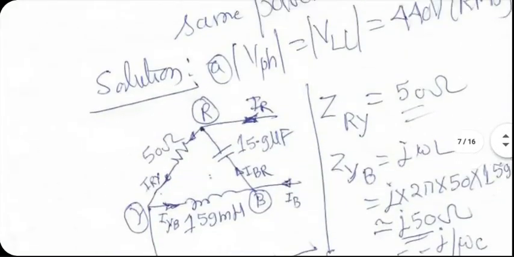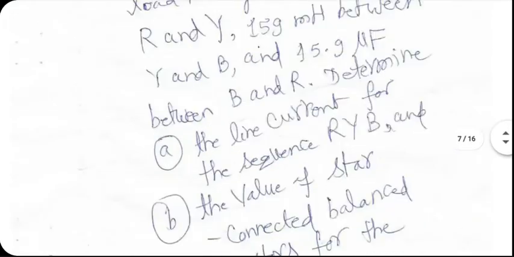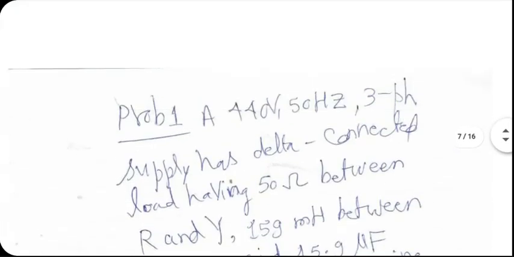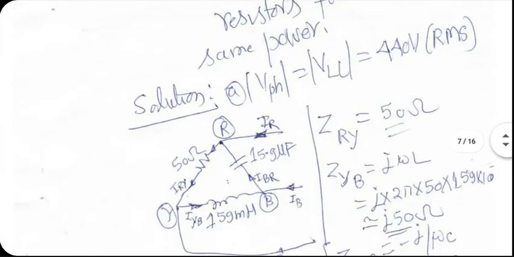Okay. It's a little bit involved. This is what the load is. One branch has a pure capacitor, one branch has a pure inductor, and one branch has a pure resistor. And frequency is given also as 50 hertz. So we can calculate the reactances of inductor and capacitor, which is what I've done.